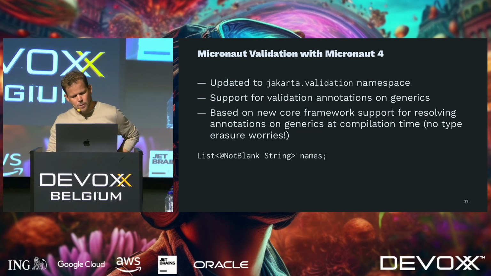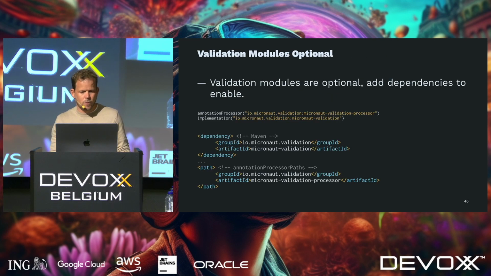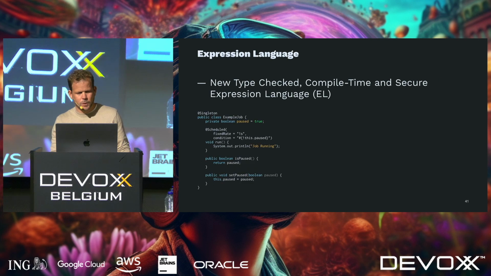Not everybody needs validation, so it's now optional. So remember to add it back if you want to use any parts of the framework that require validation, whether it's validation, your configuration, or whatever. So you specify the dependencies in Maven or Gradle, and off you go.